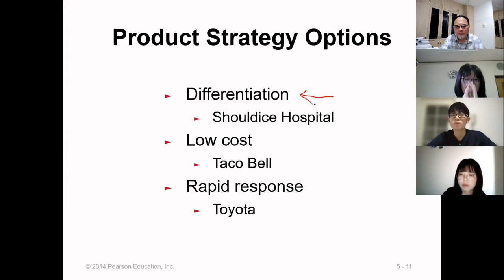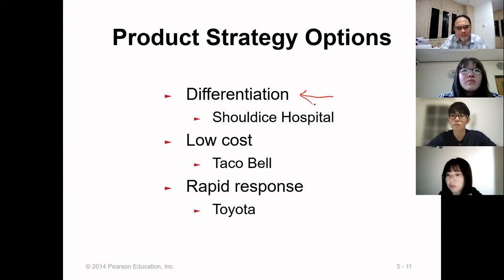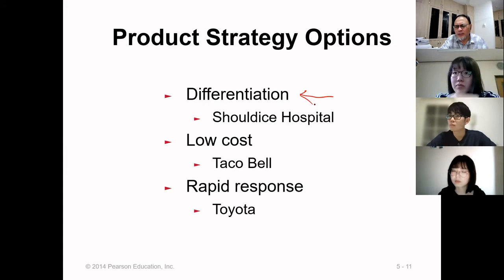But differentiation is unique. What is unique between, for example, Toyota and Nissan? Or even Mazda. You can compare Mazda and Toyota, whichever you like. If you like Mazda, you tell me what's different between Mazda and Toyota.